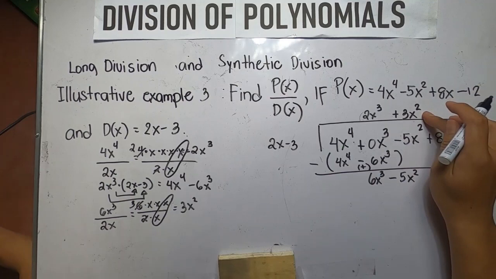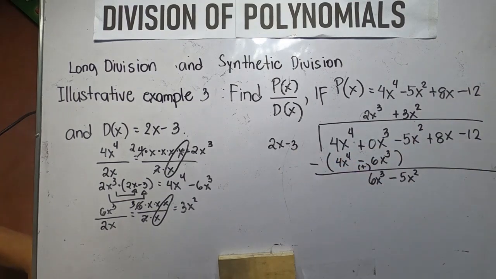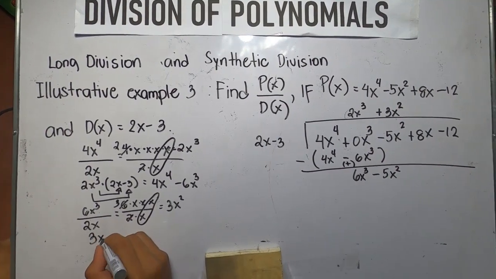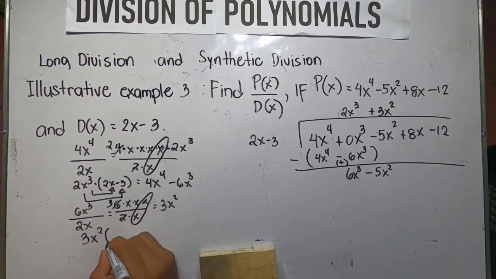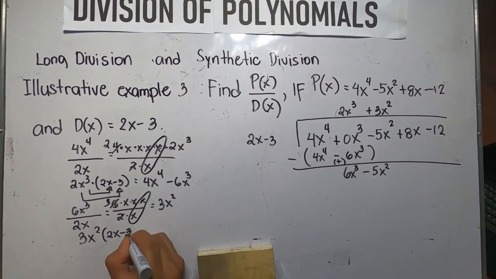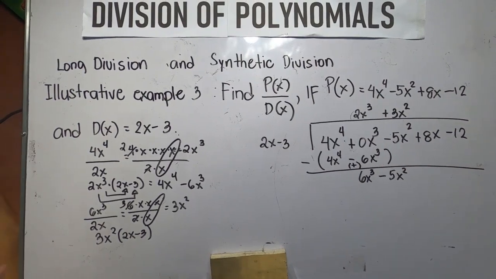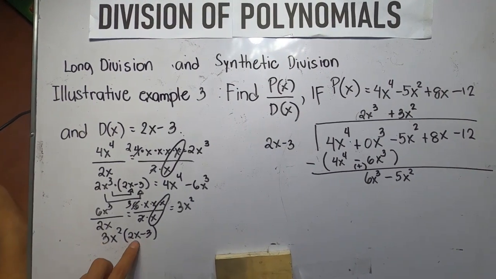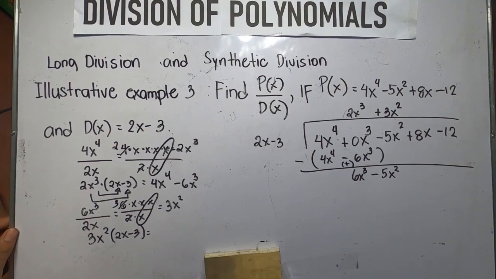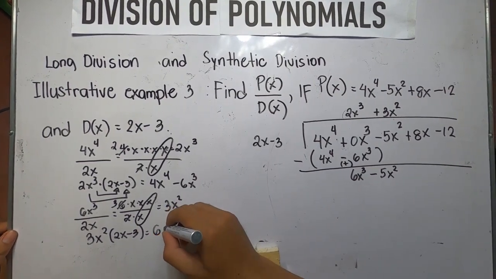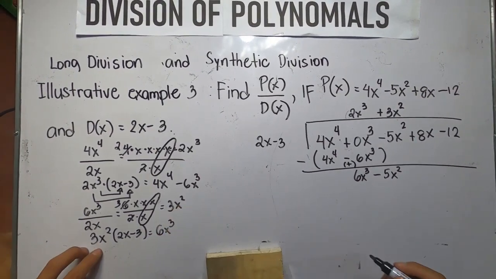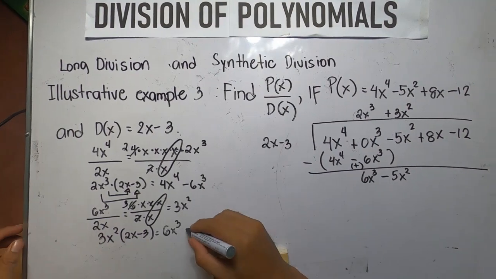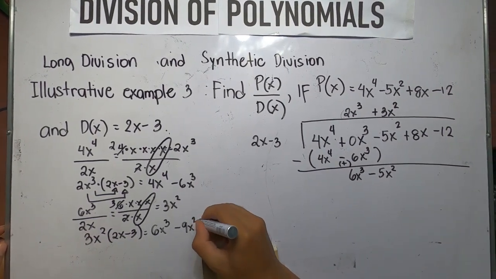So 3x squared multiplied by 2x minus 3. By distributive property, 3x squared times 2x is equal to 6x cubed. 3x squared times negative 3 is negative 9x squared.